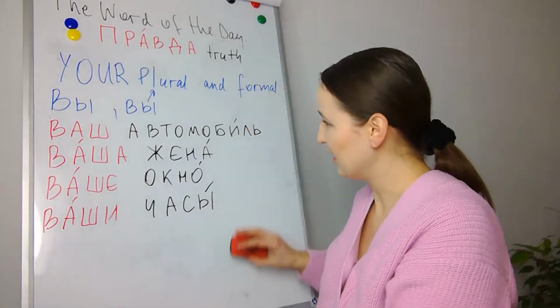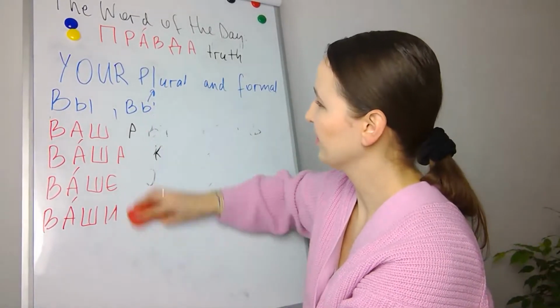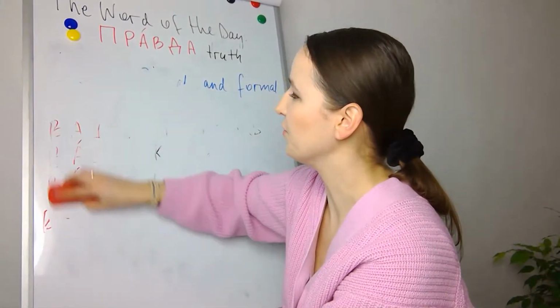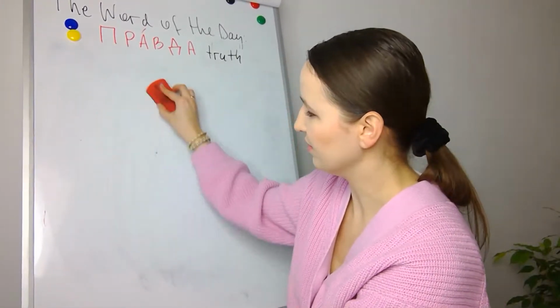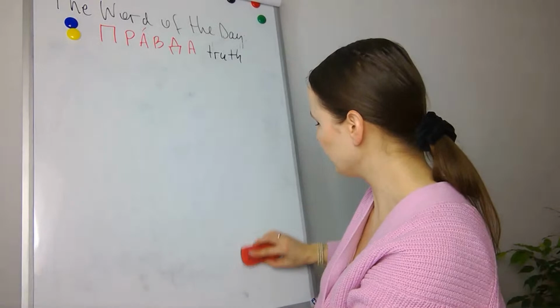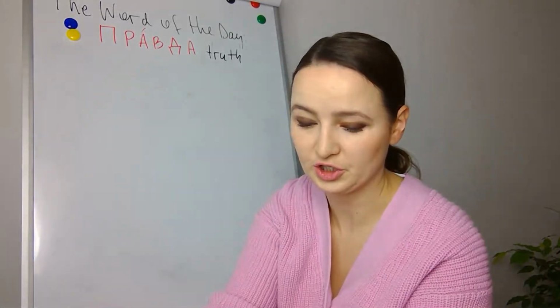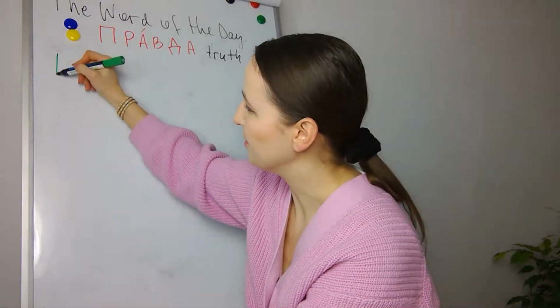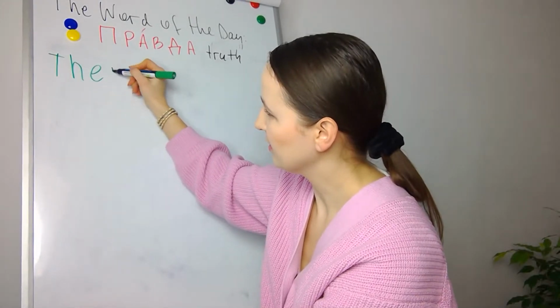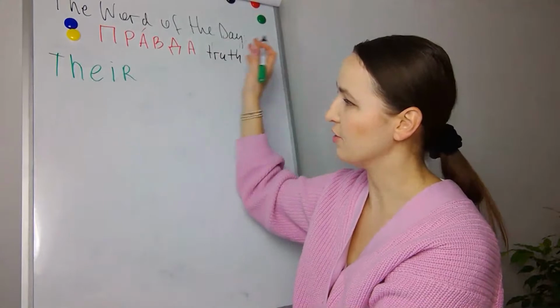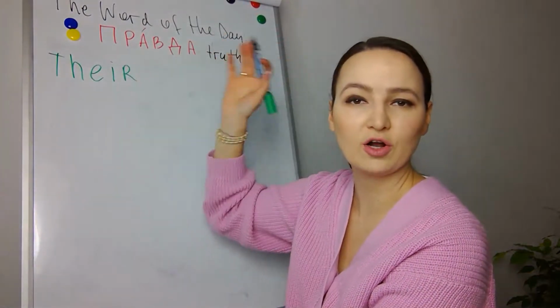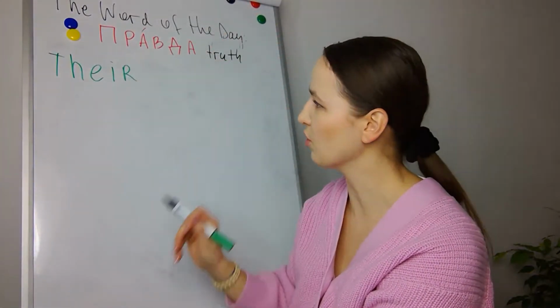Они, they, their. How to say their in Russian? It will be very easy because nothing will change here. Their country, their watch, their car, their house, and so on.